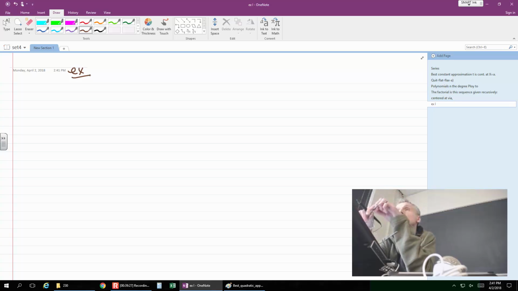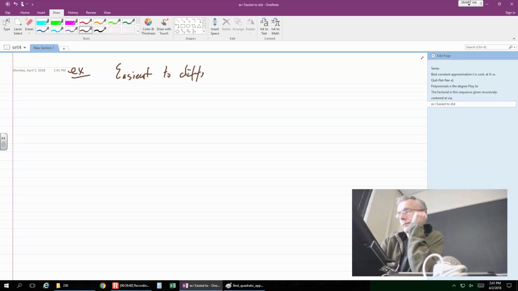What is the function that is easiest to differentiate n times? I mean, all of them are easy to differentiate once, because if you know the answer. But there's one that is really easy.